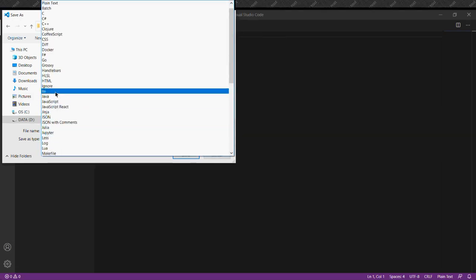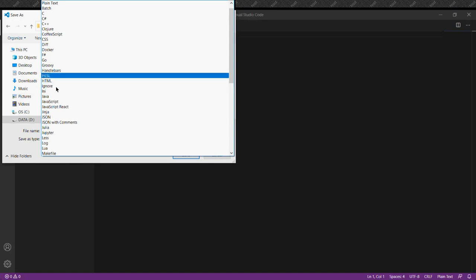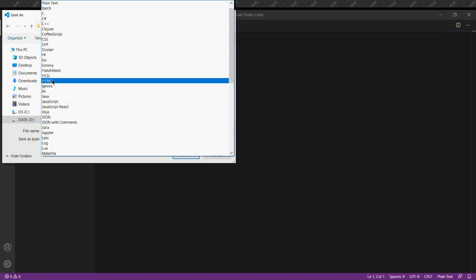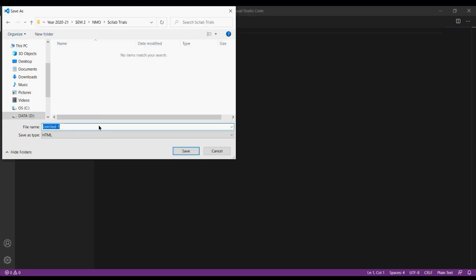Save as type. Select HTML. Okay, and you can name the file, say anything, maybe open method, something like that. Do not have a space in file name. You can use underscore or hyphen. Okay, save.